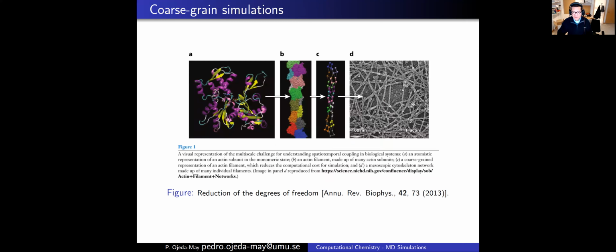So this is a potential application for coarse-grained simulations. So imagine that you have some system like these fibers here, and each of these fibers is represented by a ball, right? But if you wanted to simulate each ball, then it will look like this.